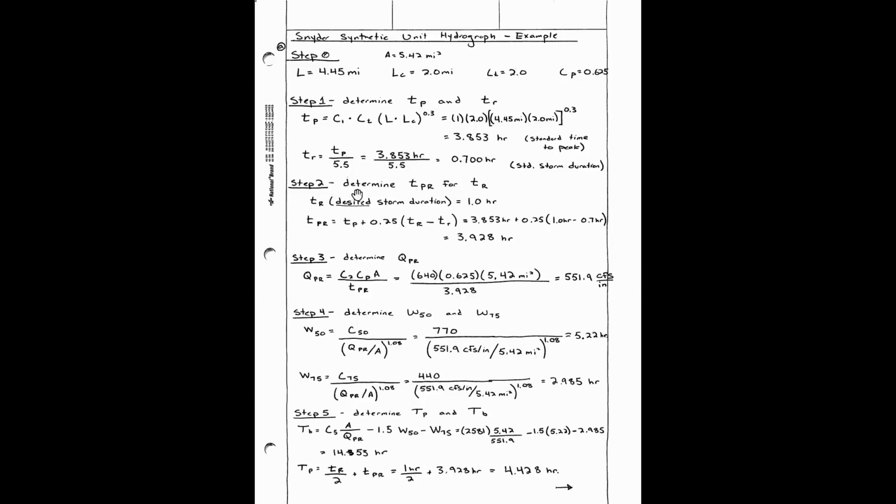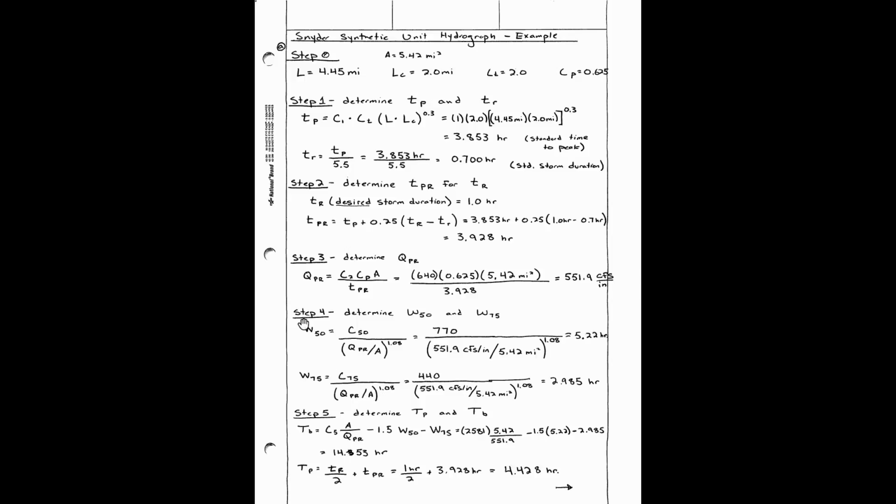Okay, so raise your hand if for the T sub PR you got 3.928 hours. We on the same page so far with that? Good. All right. The QPR, 551.9 CFS per inch. Okay, nodding heads is good. Now these parameters W50 and W75, just to take you back to what that's about, that's trying to find the width of the hydrograph so that we can know the overall duration from the beginning of the rainfall excess to when the peak flow comes back down to zero.